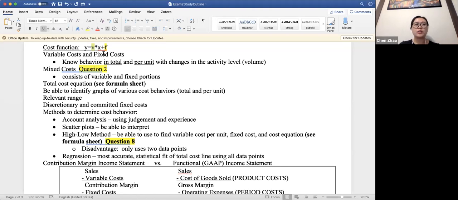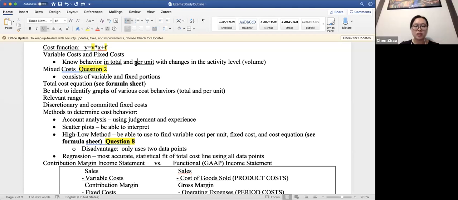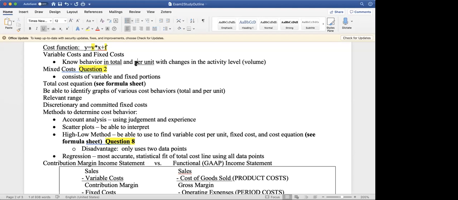Next question. Which cost will increase as your total number of units increases? Variable. Correct. And is that proportional? Yes, correct.